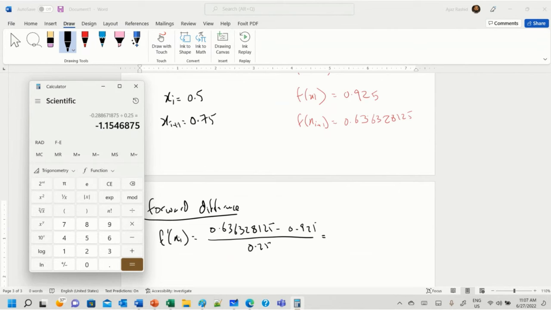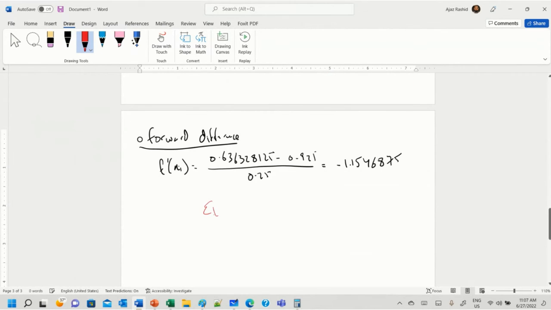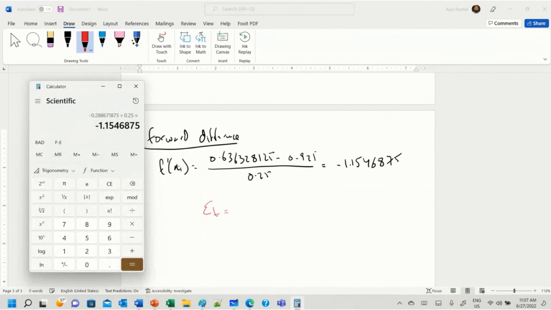I get minus 1.15, and I can find the true error as this value minus 0.9125, which is the true value, divided by 0.9125.